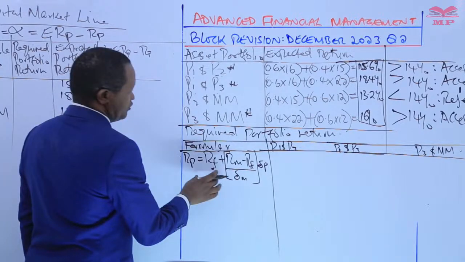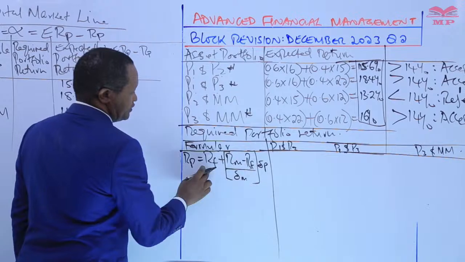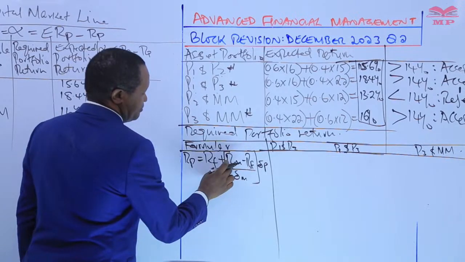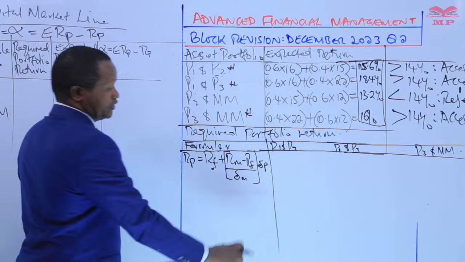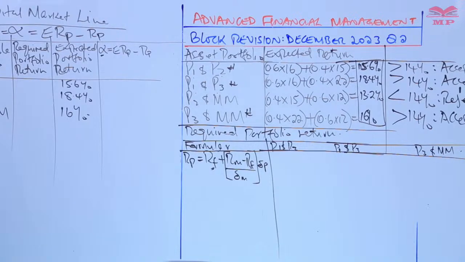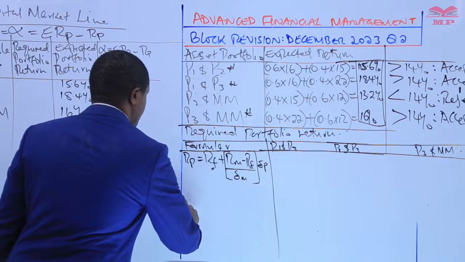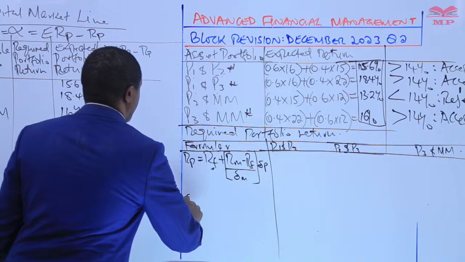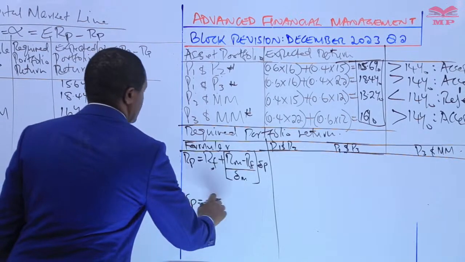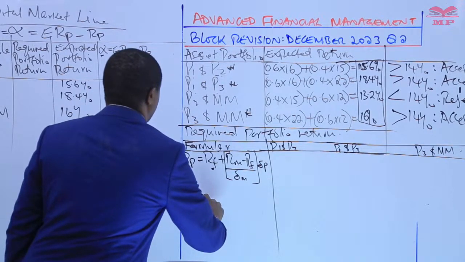This is the formula for the required portfolio return. We need these variables: the risk-free rate, the premium, the standard deviation for the portfolio, and the standard deviation for the market. Let's begin with the standard deviation for the portfolio.